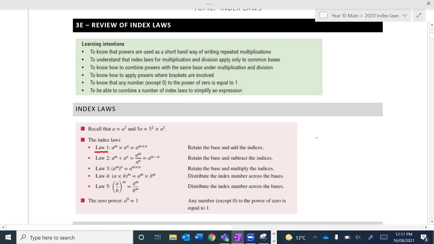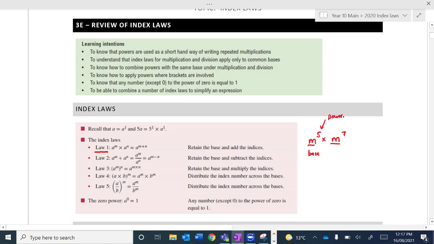So if I was to do, say, m to the power of 5 times m to the power of 7, you can see that this is the base of the indices, and then we've got the power.